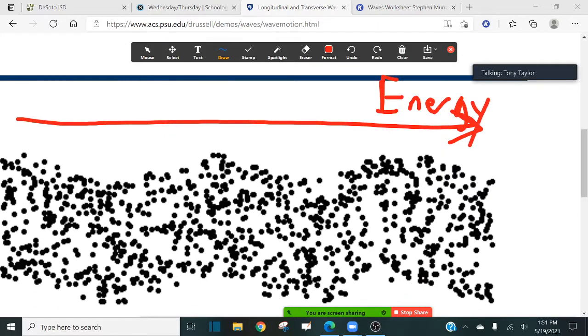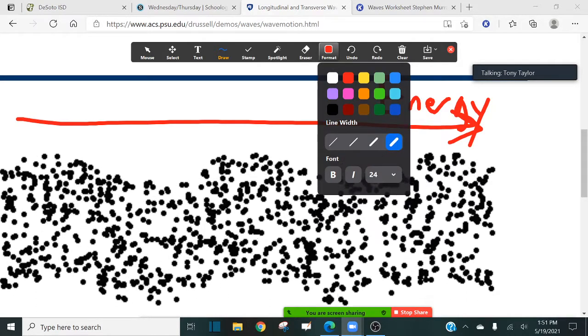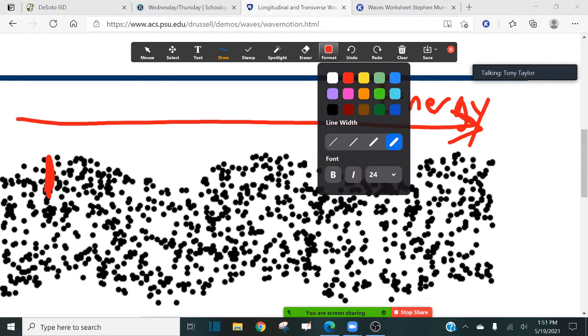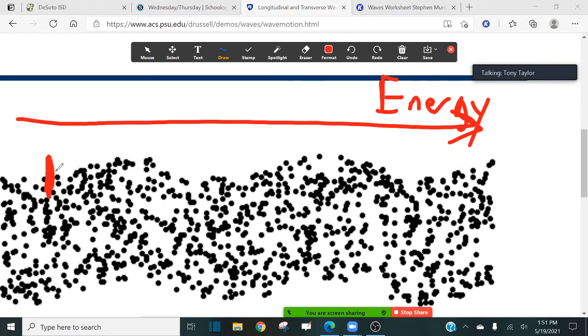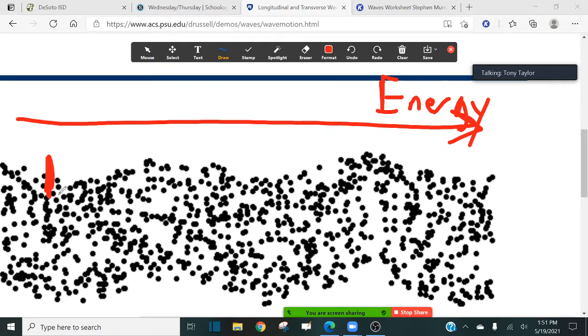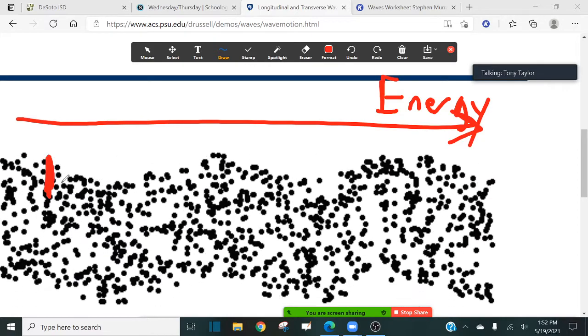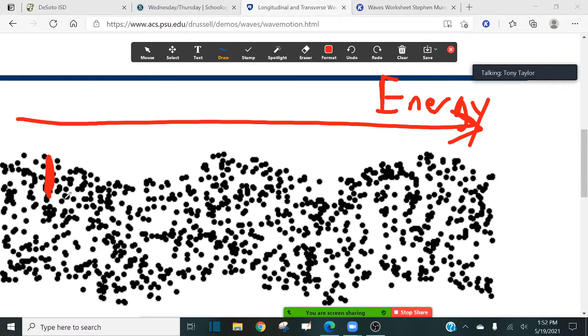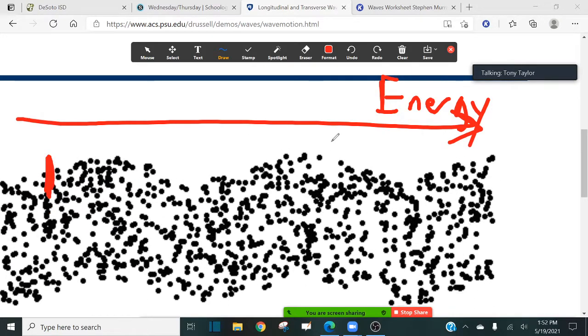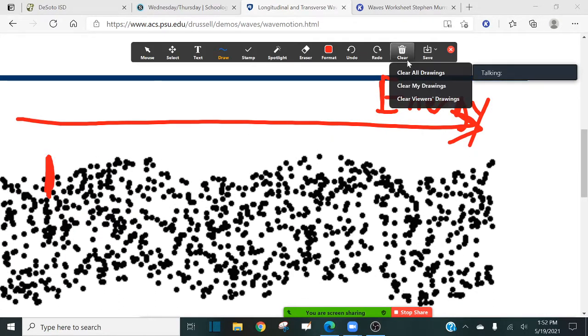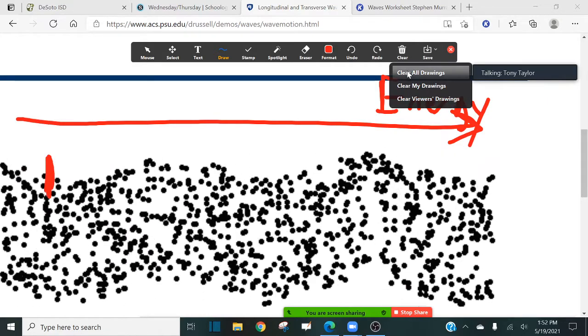And if you were to focus on any one particle of the rope, guys, just look at only one of those particles. If you notice, the particle is moving up and down, up and down, up and down. So in this case right here, this is a transverse wave. Because notice how the particles of the medium are vibrating perpendicular to the direction that the energy is traveling in. So this is an example of a transverse wave.